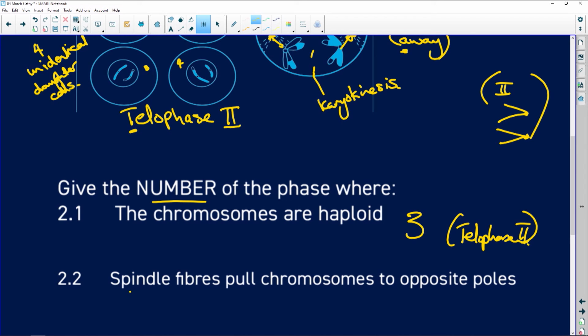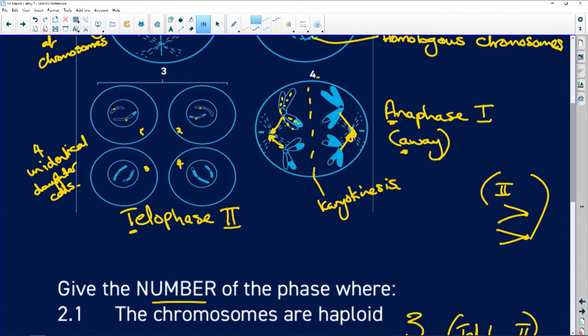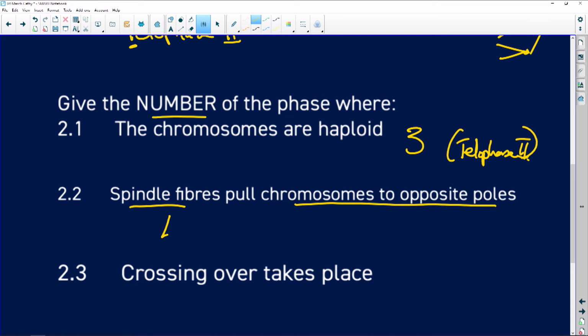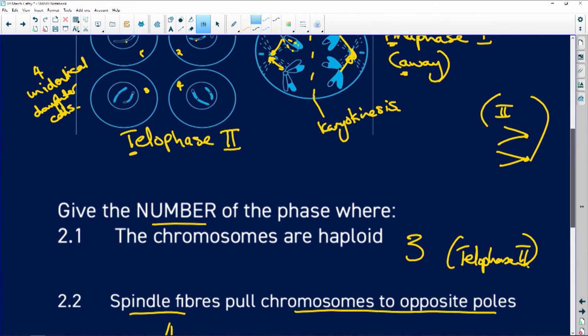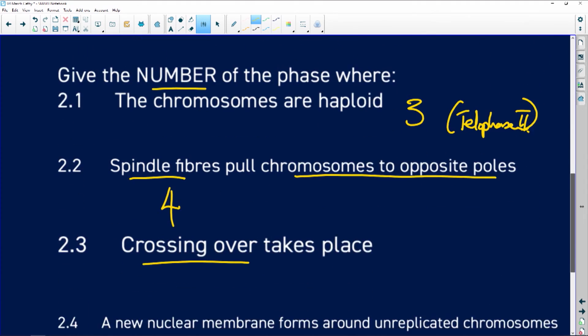All right, the spindle fibers pull the chromosomes to opposite poles. Well, that's going to be anaphase, and the only anaphase we have here is number 4, so anaphase 1. Crossing over takes place. Well, we haven't got crossing over that's taken place here yet, but it always takes place during prophase, so that would be number 2.